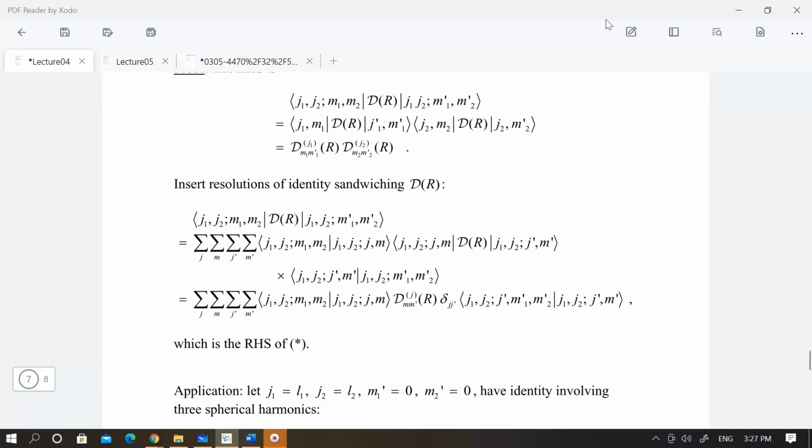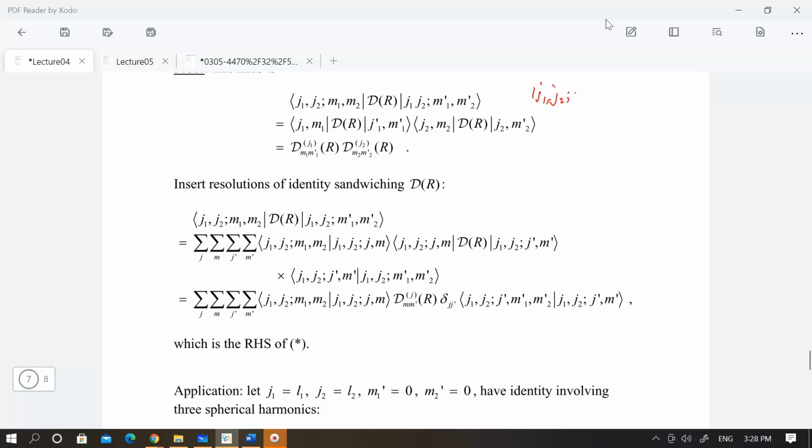Remember, in this rotation operator there is a tensor product, because it acts on two different Hilbert spaces. So here I'm just decomposing the rotation operator into two parts. Let me write it down so that you can see what I'm saying.